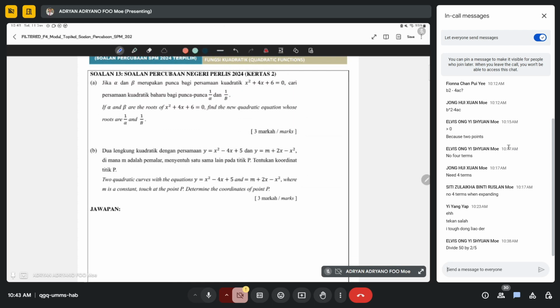Okay? For this type of question, like question A. Okay. Whenever 我们碰到一个 quadratic equation, 它叫我们找 alpha beta and then form a new quadratic equation. Please remember the steps that I taught you.